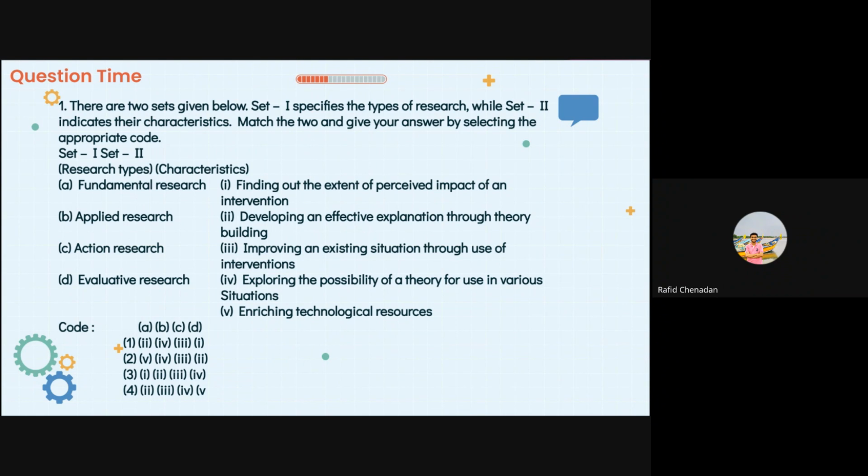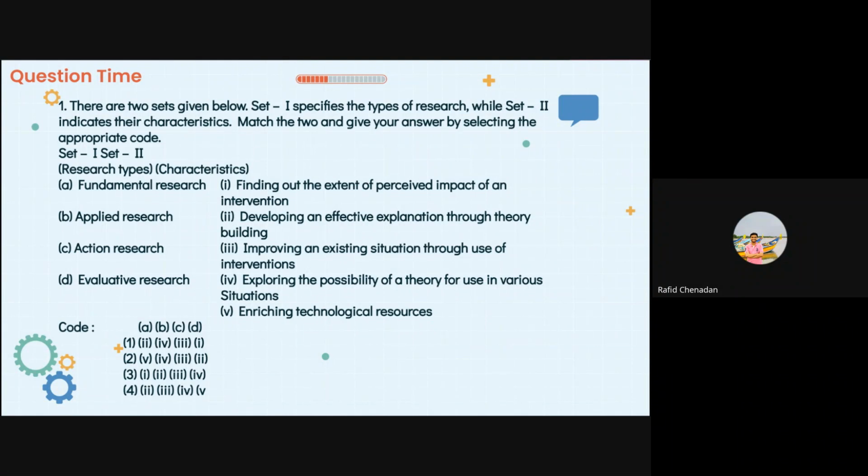So when we say fundamental research, A, the answer says 3, improving an existing situation through use of intervention. Okay, so not 3, 2. It says developing an effective explanation through theory building. So when we say fundamental, you can say a theory. We are talking about a fundamental theory, a basic theory.